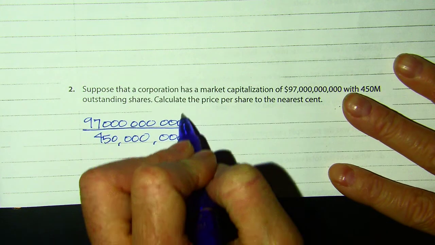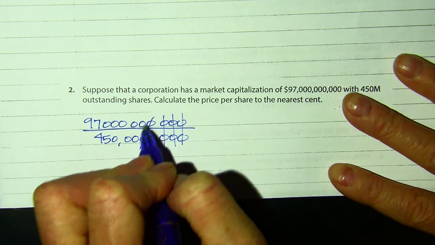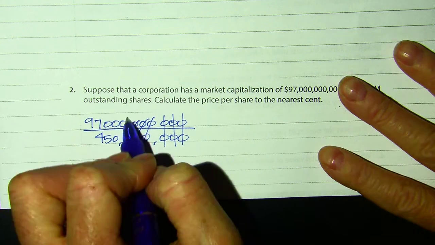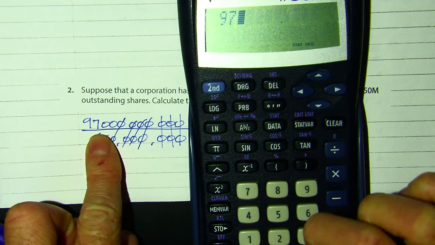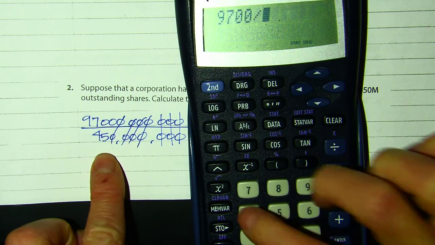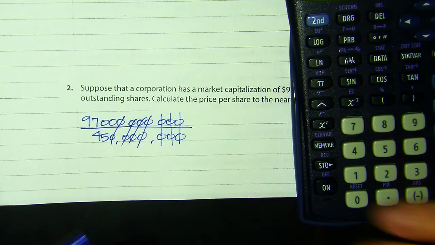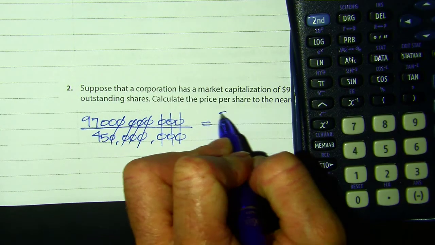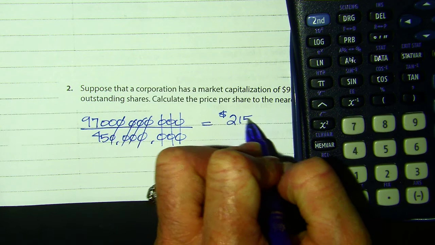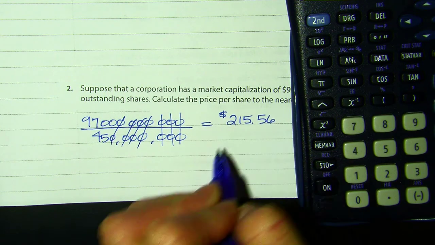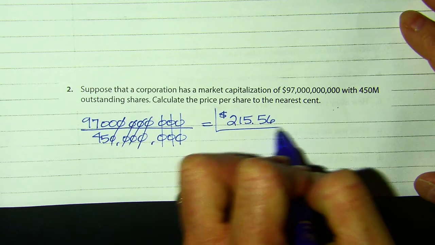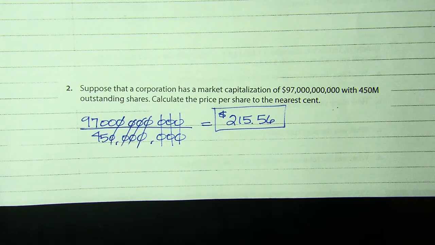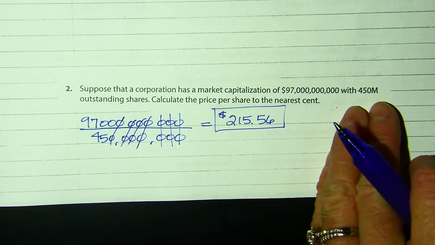So these zeros are going to cancel each other. And so I'm only going to enter what's left, 9,700 divided by 45. And so I get that the value per share is $215.56. So I did the nearest cent, the nearest hundredth.